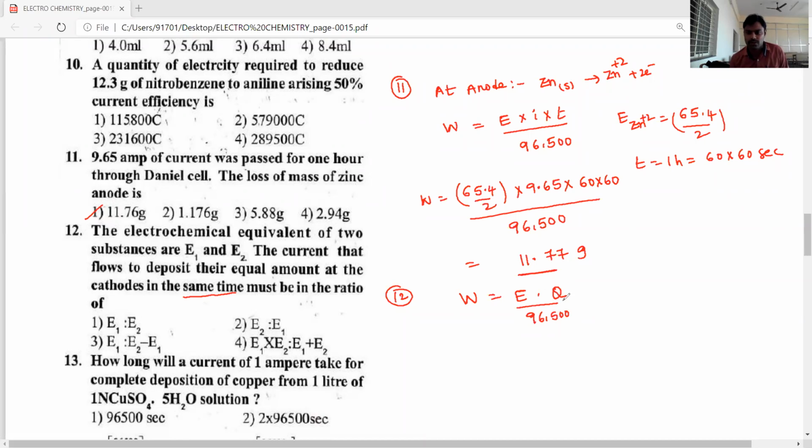It must be in the ratio, meaning we need to find the Q ratio. Then W is constant; here the weight is constant.